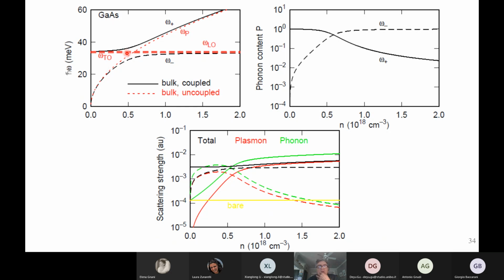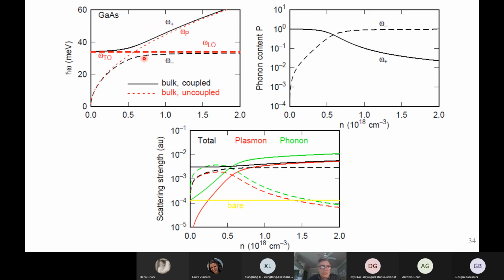The ratio of the two is given by the square root of the ratio of epsilon 0 divided by epsilon infinity. So these are the two frequencies of the longitudinal optical phonons and transverse optical phonons that we have in an undoped system. This is the plasma frequency that we would have in absence of longitudinal optical phonons, which clearly can never happen. But this is what we'd have ideally.